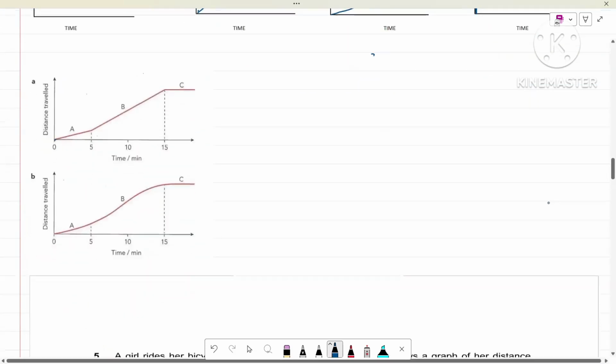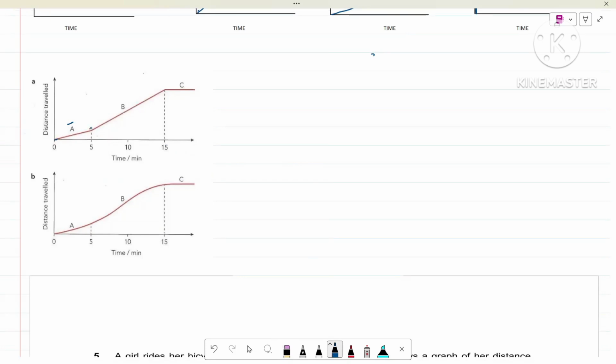Now here we will consider two graphs. The journey is divided into three portions, you can see A, B, and C. During portion A of the journey, you can see a straight line graph. This means speed is constant, the particle is moving at the same constant speed.